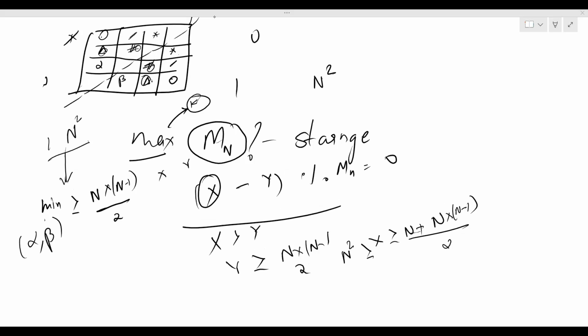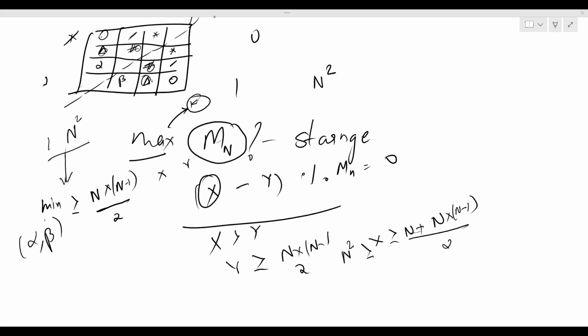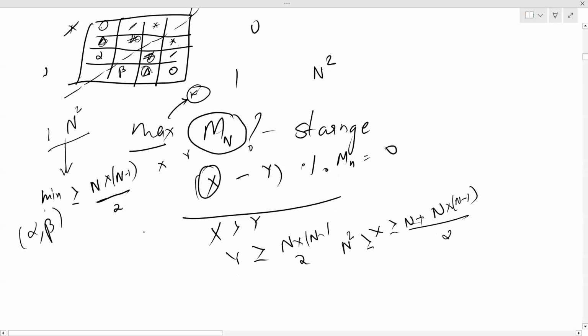So see, I have come up till here. Now, I see my k needs to be less than, like the maximum value that is allowed for a k strange matrix needs to be less than n square. What is it?